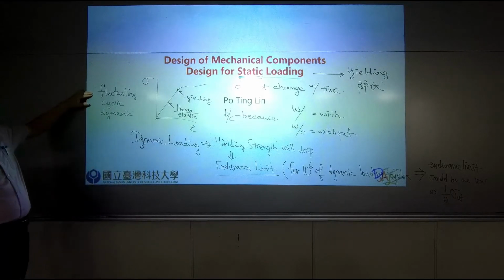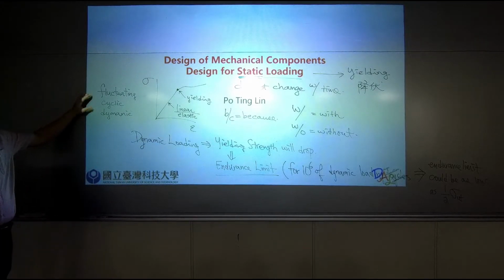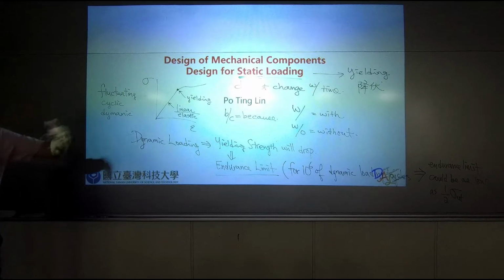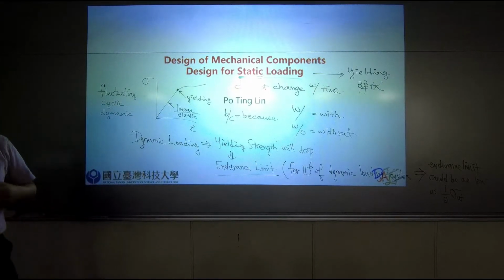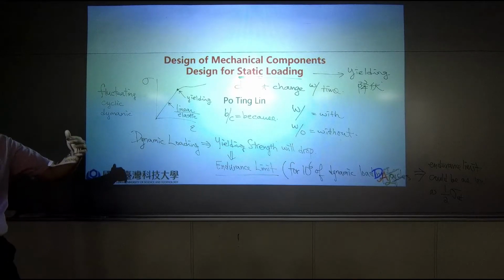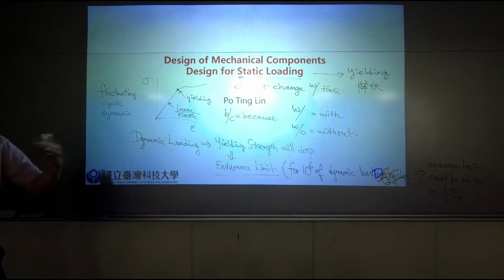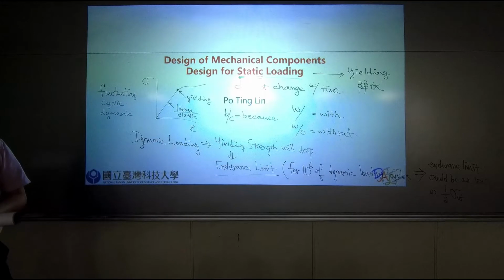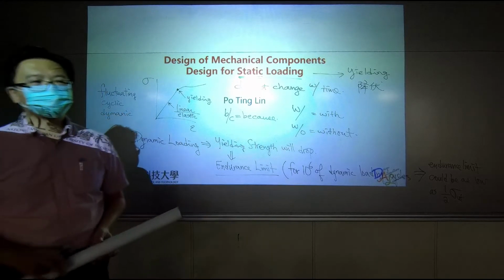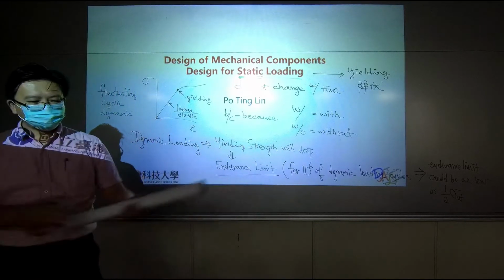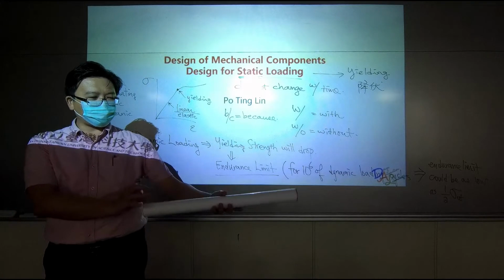Fluctuating is like vibrating. Cyclic is like there's a cycle, a very constant cycle following some kind of pattern. For example, in a machine, like a machine tool, inside there is a workpiece.